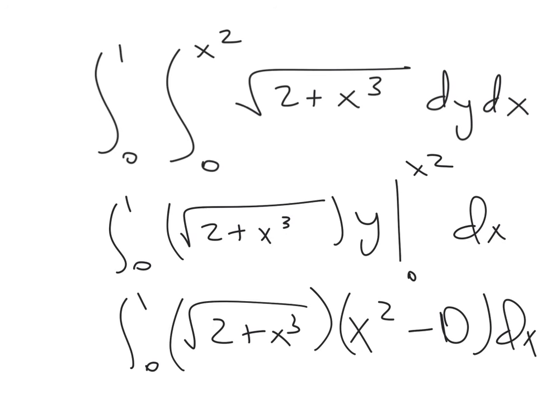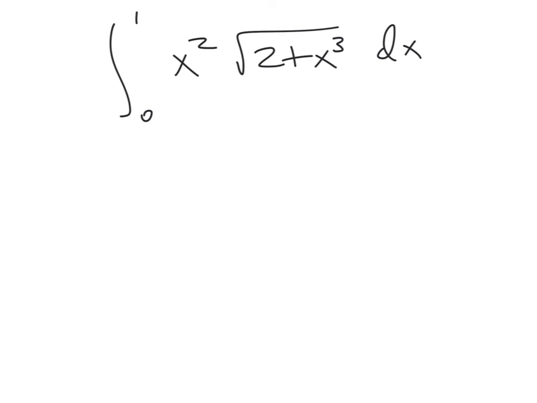And this will all be integrated dx. Simplifying, we now have the integral from 0 to 1 of x squared square root of 2 plus x cubed dx. Note that in the bounds of the y integral, there could be x's, so there are new x's that were introduced into this integrand.